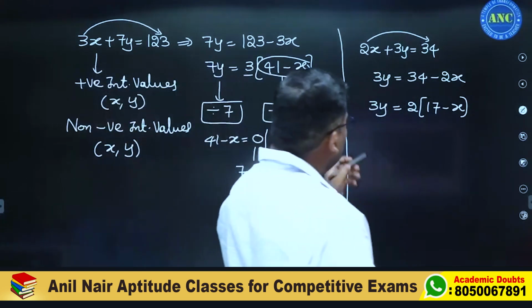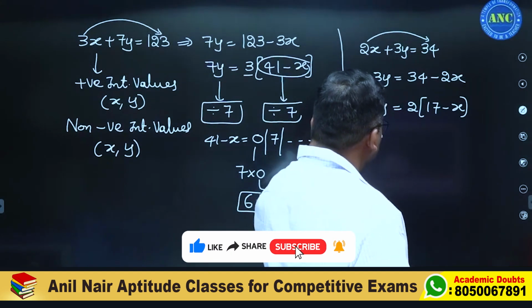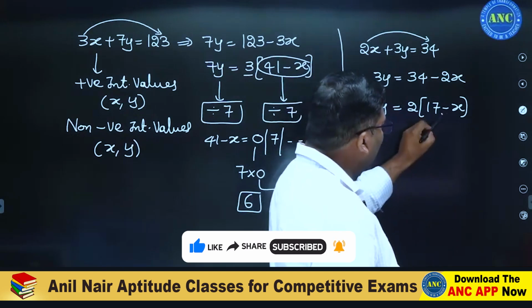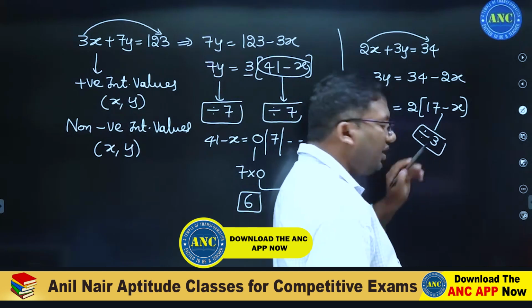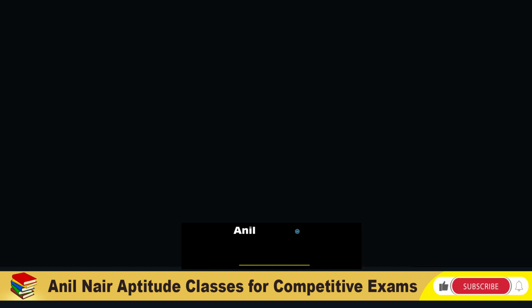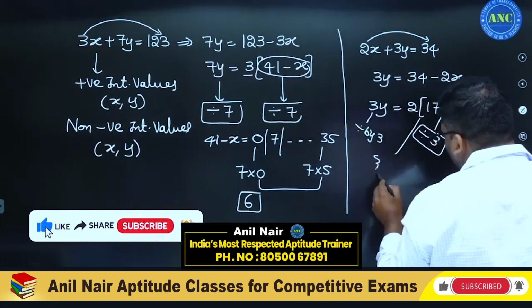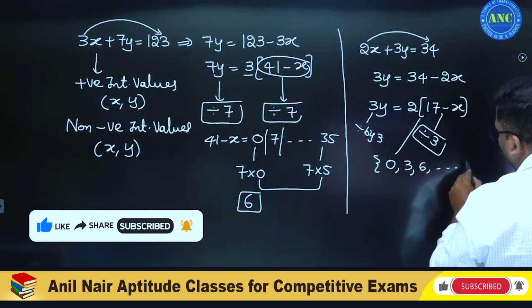Now if you observe, the left hand side is divisible by 3. 2 is not divisible by 3, so 17 minus x should be divisible by 3. What are the numbers? Because it is non-negative, it can start from 0, up to 15.